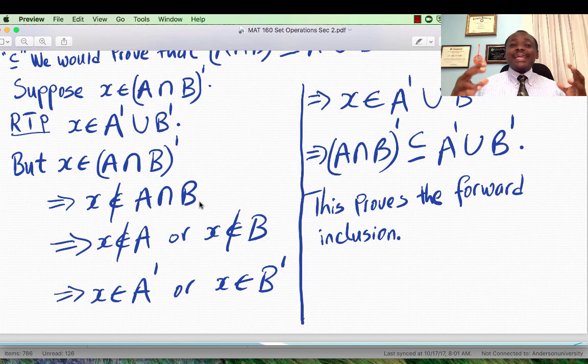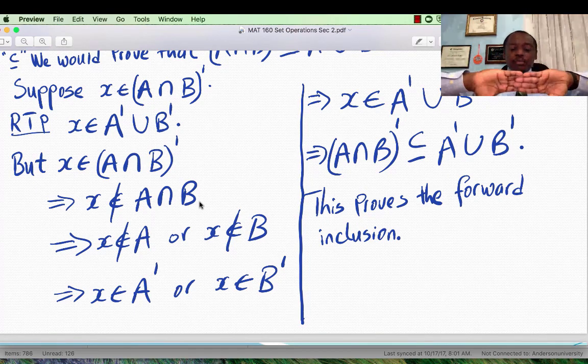Now we use interpretation. What does it mean for X not to be an element of the intersection of A and B? It means X must be absent from at least one of them. That's very important because there's a little twist right here. So this is A, that is B, that is A intersection B right there.